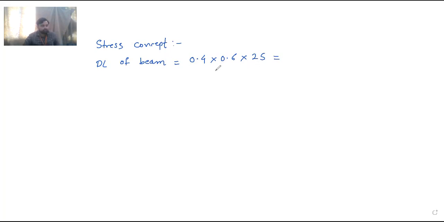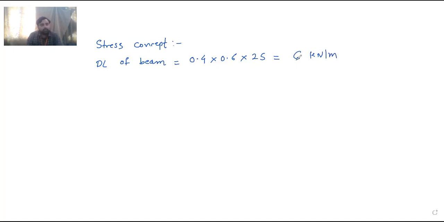Calculate it. 6. Okay. So it is 6 kilonewton per meter. This is the dead load.